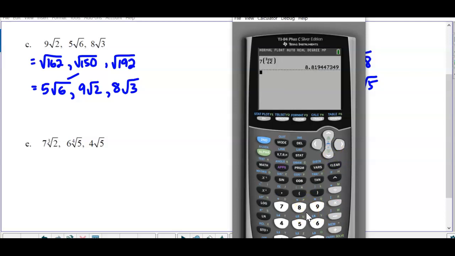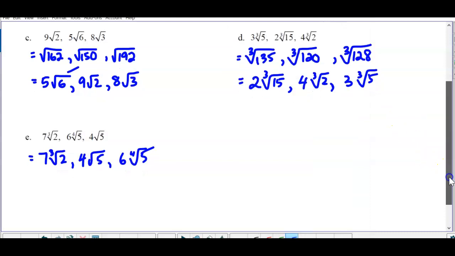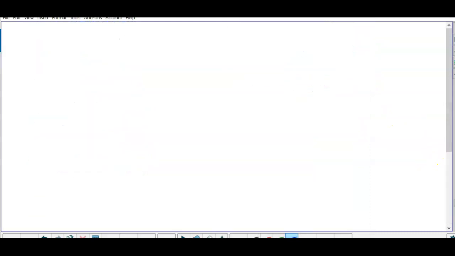So I need to do this 6 times, then 4, there we go, 4th root of 5, and then 4 square root of 5. Okay, so they're all pretty close. Which one's the smallest? The first one's the smallest. And then the last one, and then the middle. Okay. And that's it.